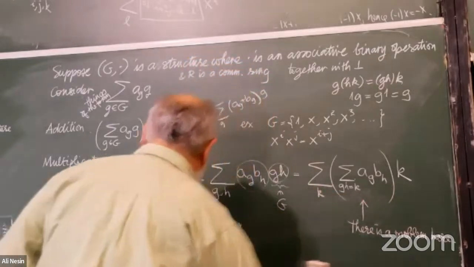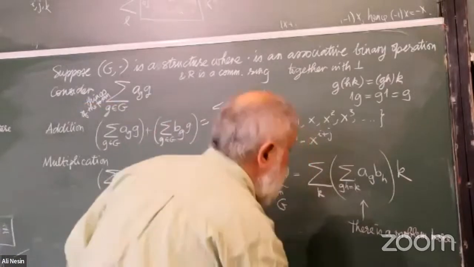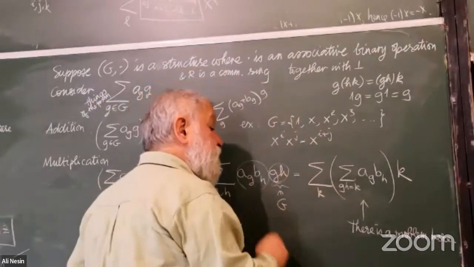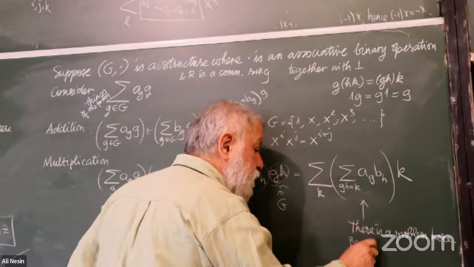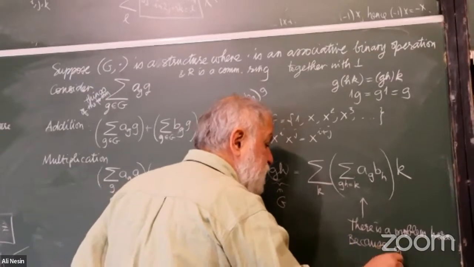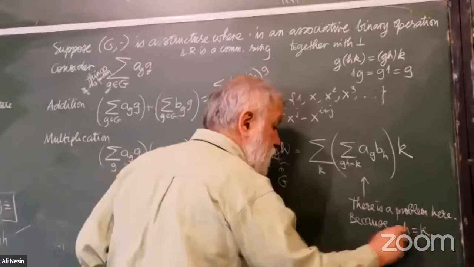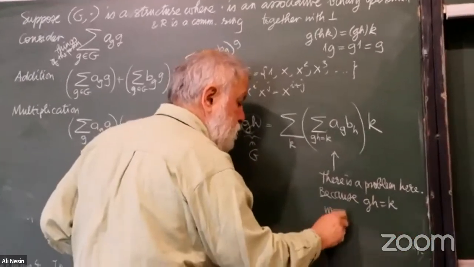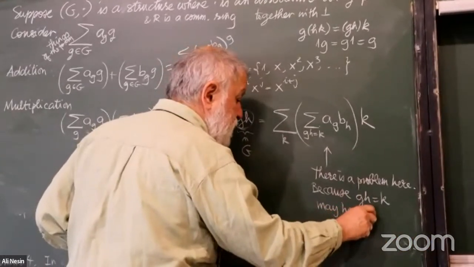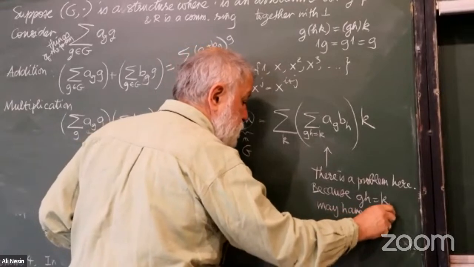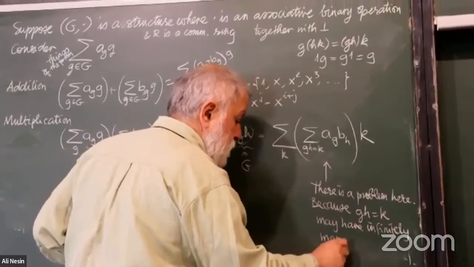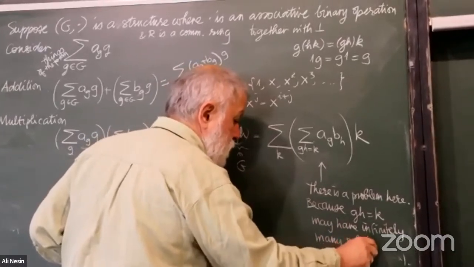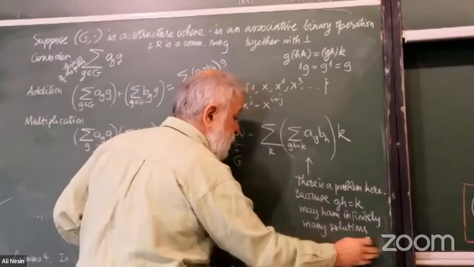So, how do I manage it? I can make sense of it. Because gh equal to k may have infinitely many solutions for a given k.